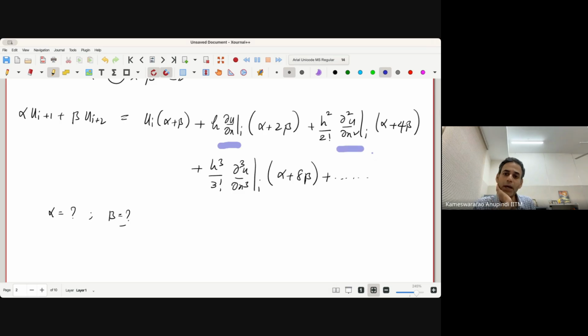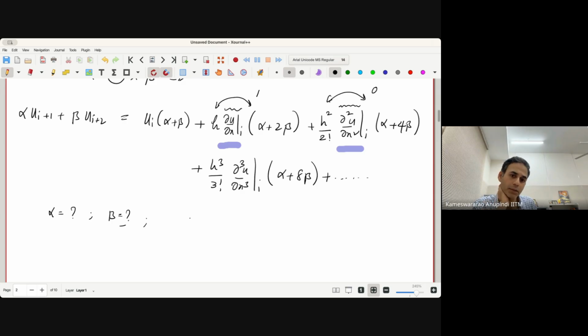But I still need two equations because I have two unknowns to calculate. So I want to keep this term, but make its coefficient 1, and I don't want to keep any dou square u by dou x square, so I want to make its coefficient equal to 0.